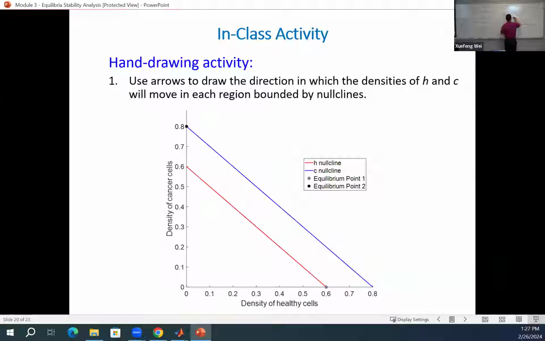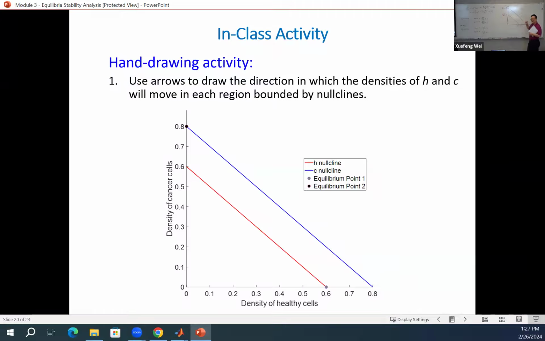Okay, so now let's see. I'm going to erase this. If I have a point started here, what direction are they going to move? This is above both, above x1 and above x2. This point is above both lines, right?